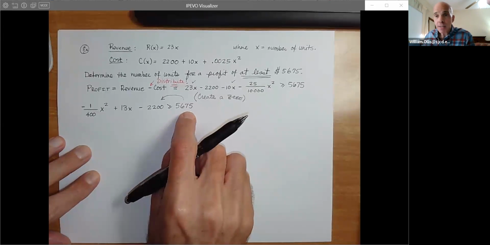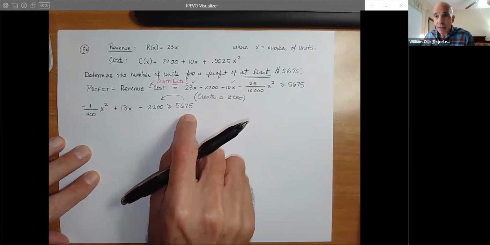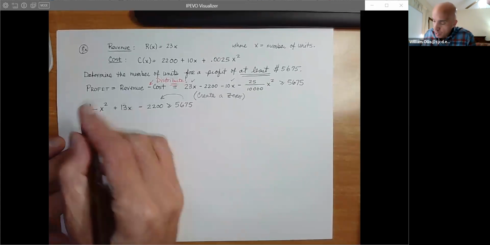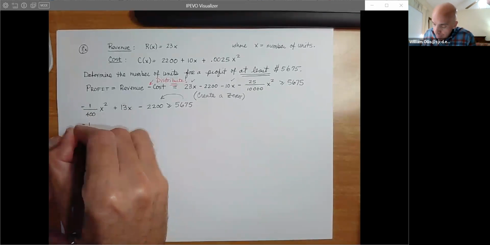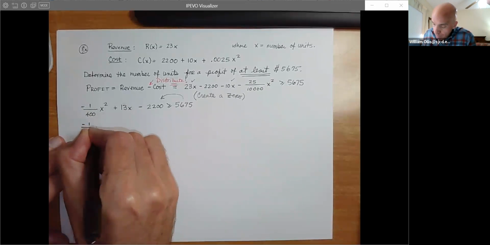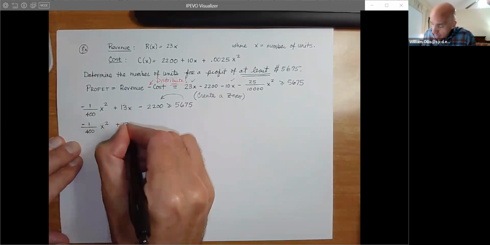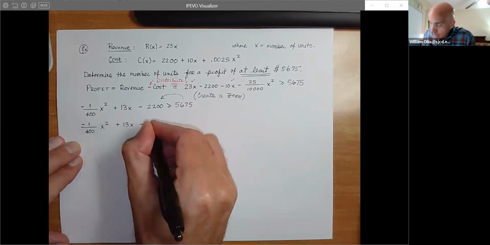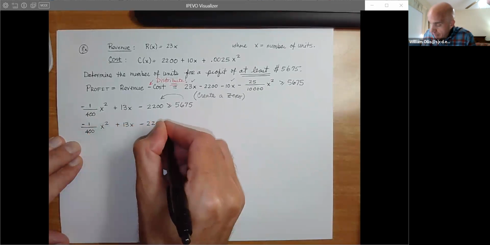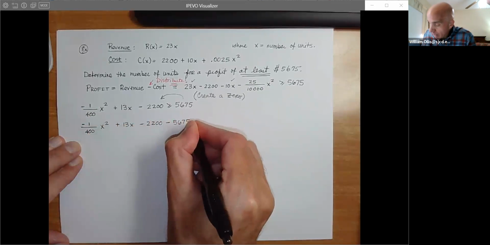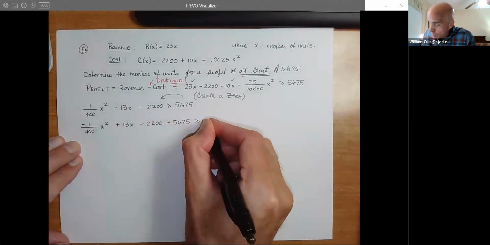And if you don't get the zero, you are clearly making it up because you cannot use the sign test without the zero. So now we have negative 1 over 400 x squared plus 13x minus 2200 minus 5,675 is greater than or equal to 0.